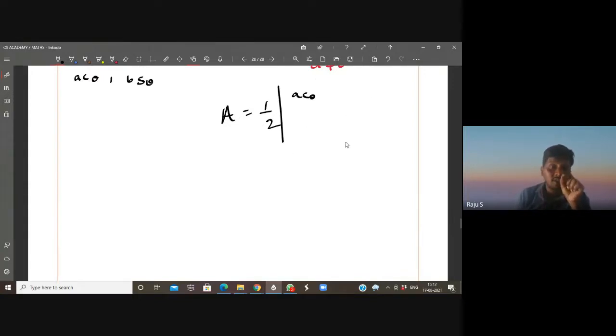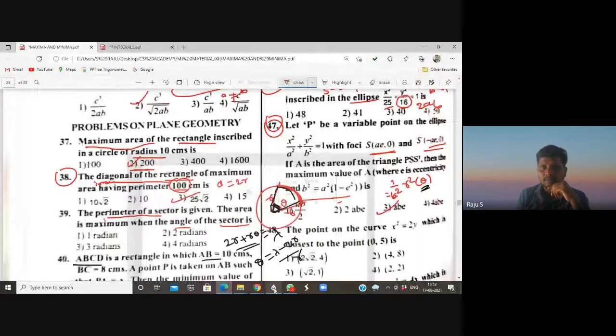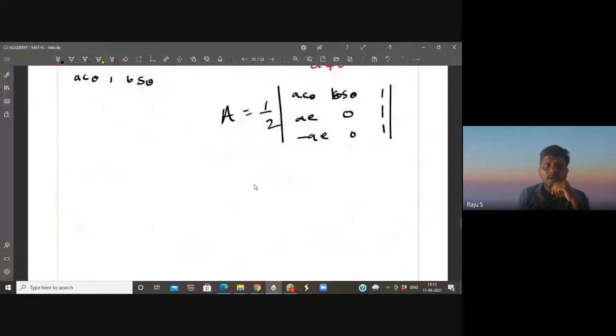So A cos theta, B sin theta, 1; AE, 0, 1; minus AE, 0, 1, because these are the points they have given. We are going to get an equation, and directly you can get ABE. You can simplify this and find the 3 by 3 determinant.